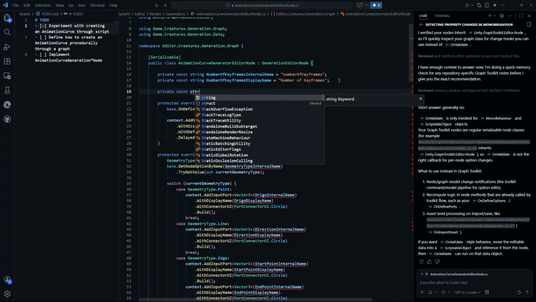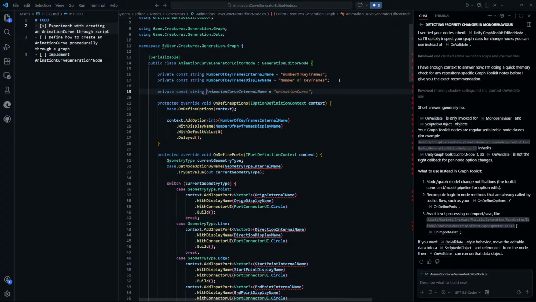we're gonna have private const string in tangent, time internal name.